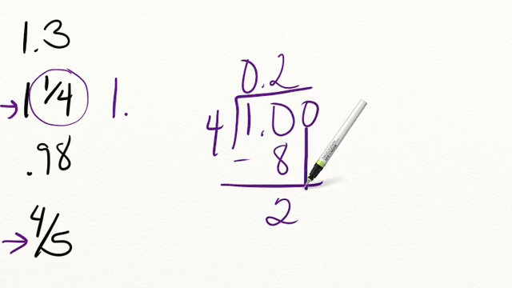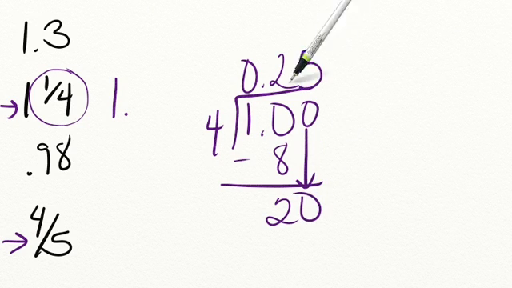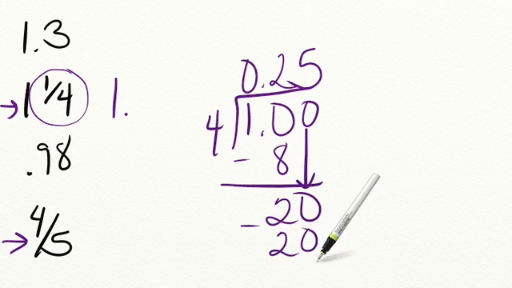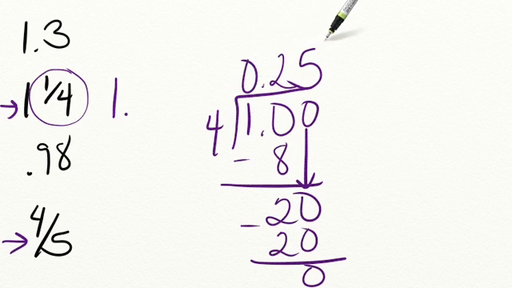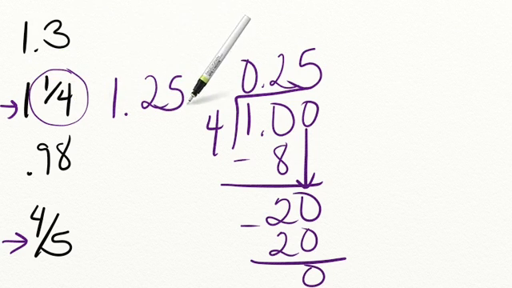So now we're going to go one more place value over. 4 can go into 20 5 times. 4 times 5 equals 20. And there we go. We are all zeroed out. So 1/4 is equivalent written as a decimal as 25 hundredths. So that means that we would rewrite 1 and 1/4 as 1 and 25 hundredths.